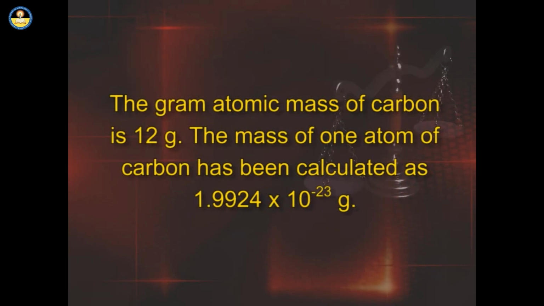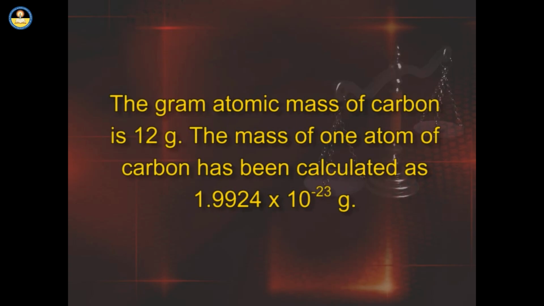The gram atomic mass of carbon is 12 grams. The mass of one atom of carbon has been calculated as 1.9924 multiplied by 10 to the power minus 23 grams.